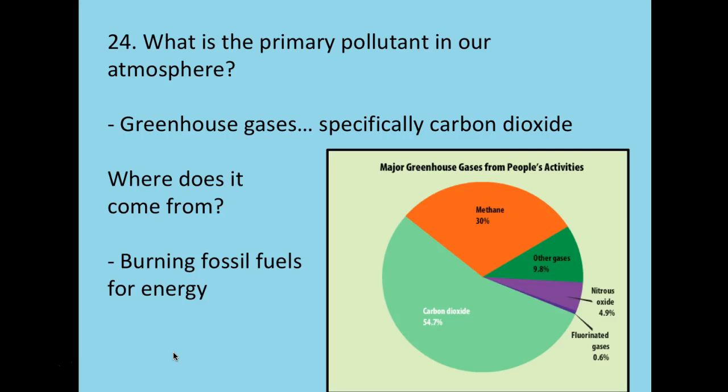We don't have enough plants, vegetation, trees, phytoplankton in the ocean to take out that carbon from the atmosphere. Oceans also act as a carbon sink, which means that oceans are going to readily absorb a lot of carbon dioxide, and that's because ocean water comes in contact with the air.